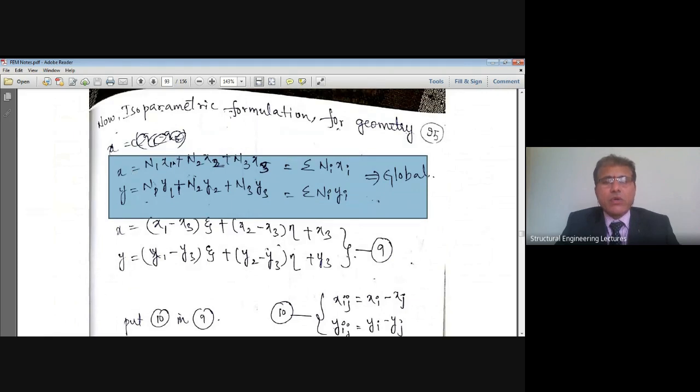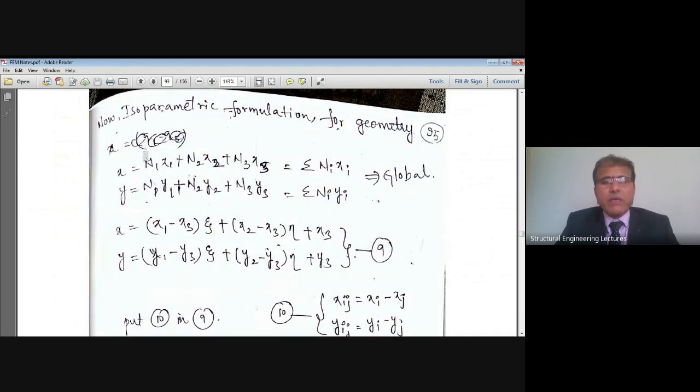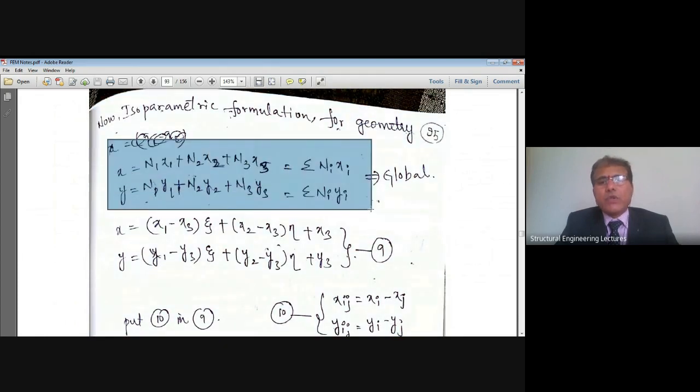It means x is equal to the same shape function n1 multiplied by its Cartesian coordinate at node 1, x1, plus n2 multiplied by x2 plus n3 multiplied by x3, or it can be written as the summation of ni xi. And in a similar fashion, y is equal to n1 y1 plus n2 y2 plus n3 y3, or the summation of ni yi. This is called the isoparametric formulation.